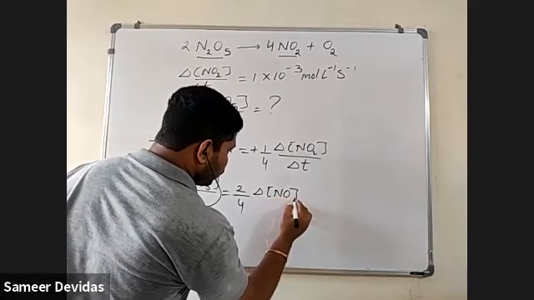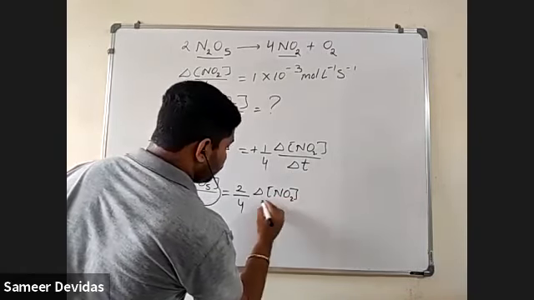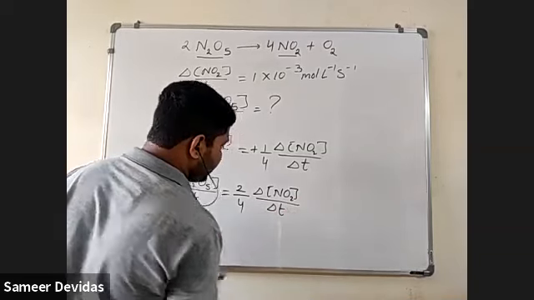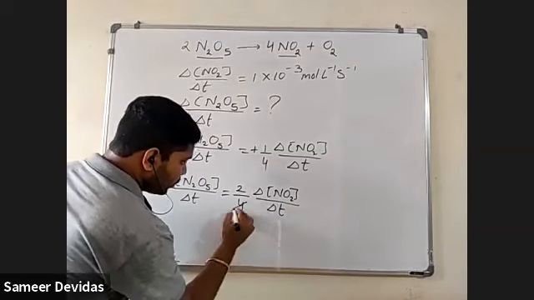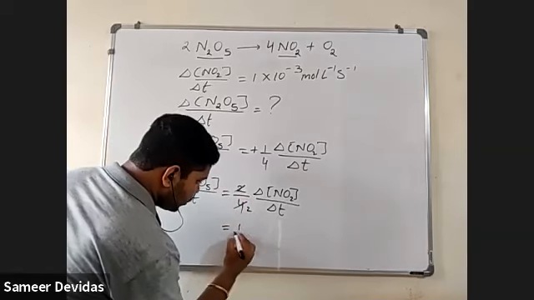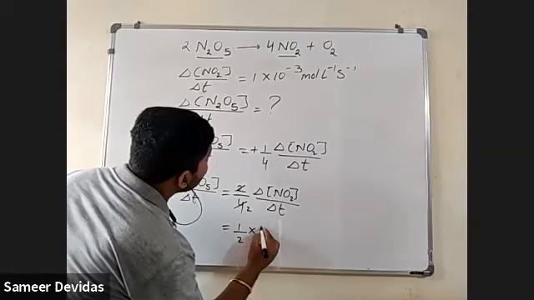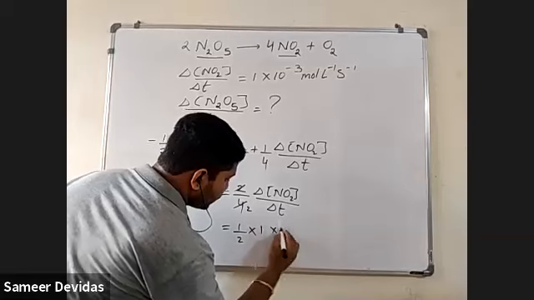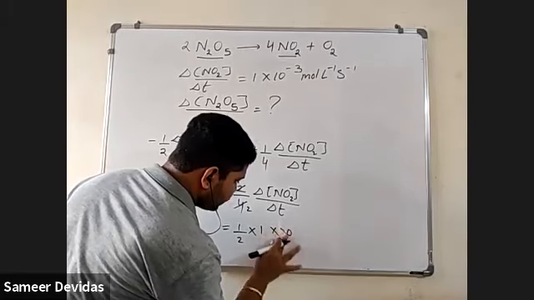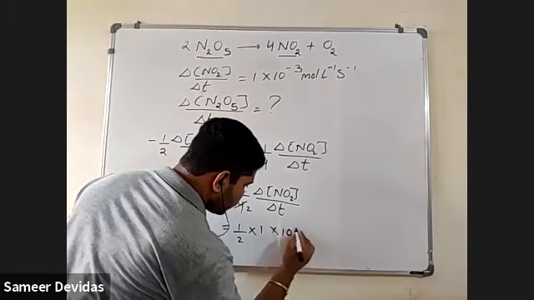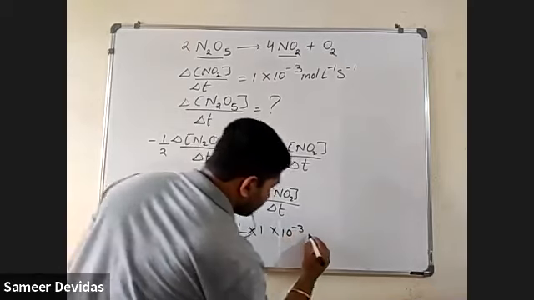So 2 upon 4 delta NO2 upon delta T. Now this you can cancel. So it is 1 upon 2 into 1 into 10 raised to minus 3.